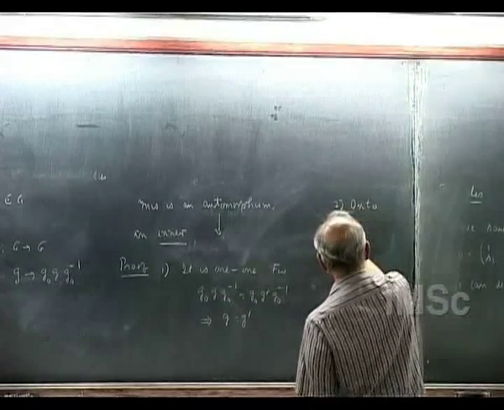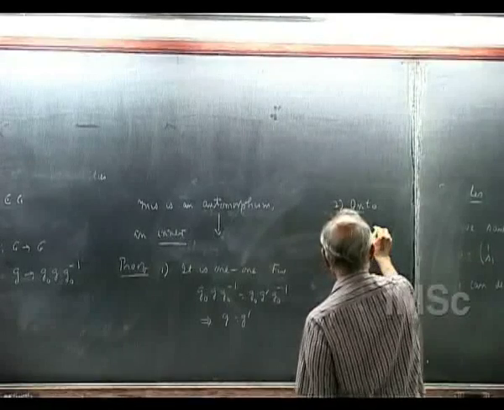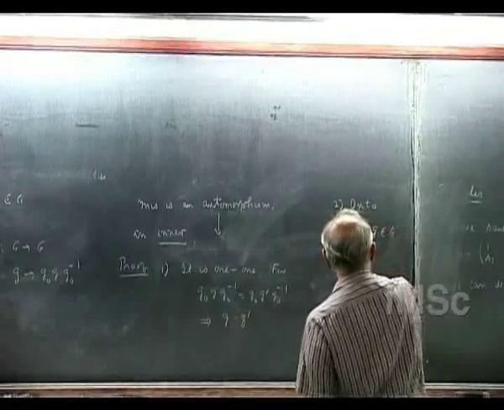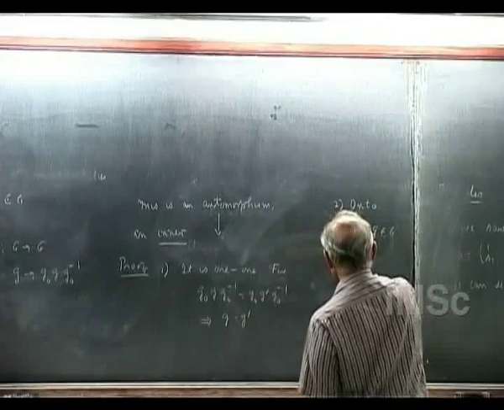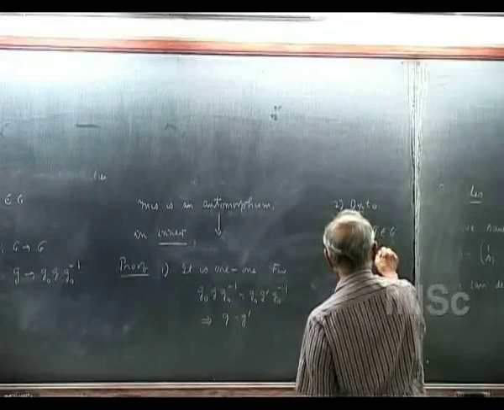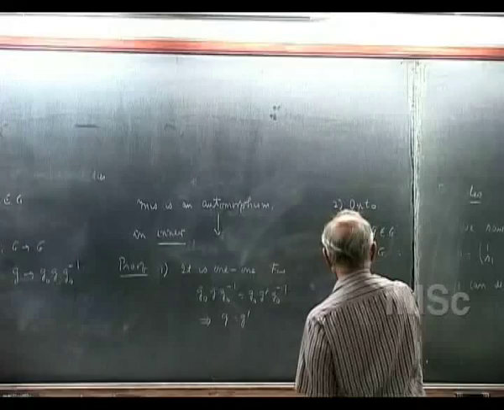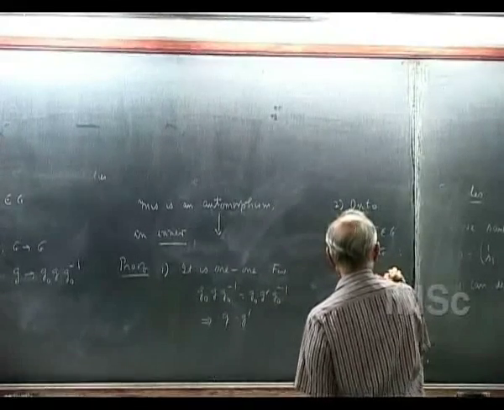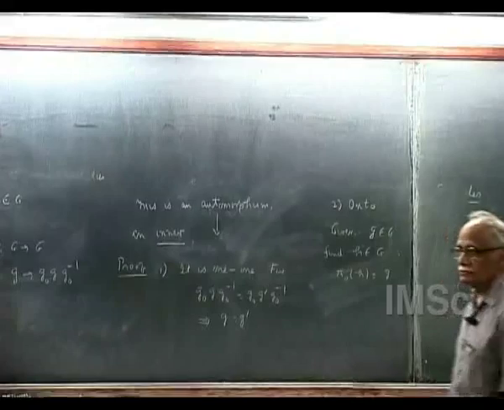Let's write like this: given G in G, find H in G such that phi of G0 H is equal to G. This is what we want to do, right?